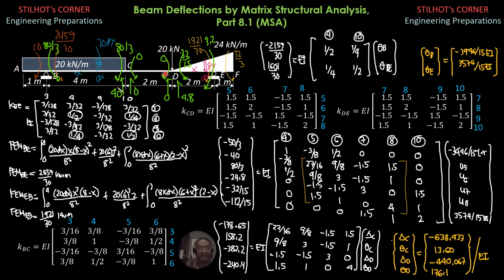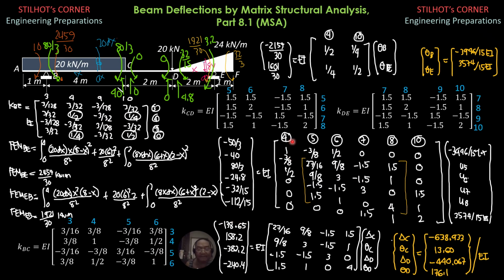Then the moment is 0 minus 32 over 15, so negative 32 over 15. Then at E, 10, it's 3.2 minus 32 over 3, you'll get negative 112 over 15.